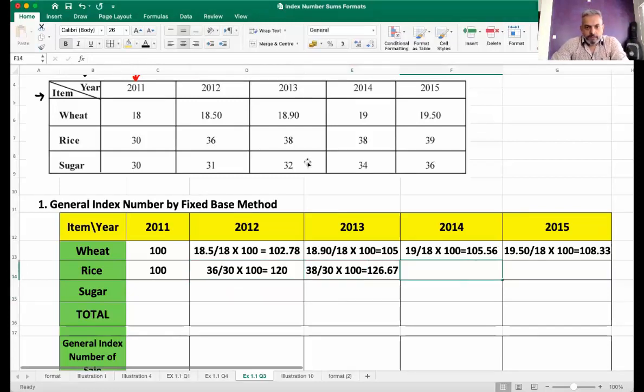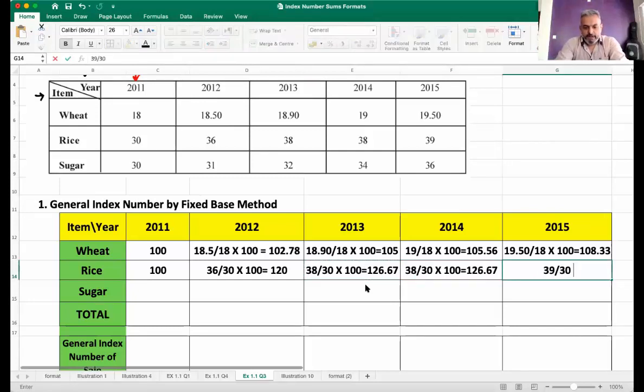Then again 38 divided by 30, so it remains the same. And then 39 divided by 30 into 100 is equal to 130.